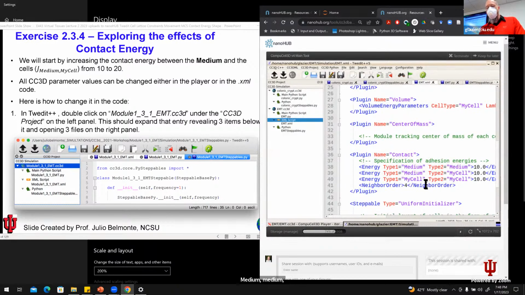Medium, MyCell, and then a number. MyCell and MyCell, and then a number. And then a neighbor order, which says the range over which we do this calculation. And so let us change the cell-medium energy from 10 to 20. And I'll hit save all here after I've made the change.